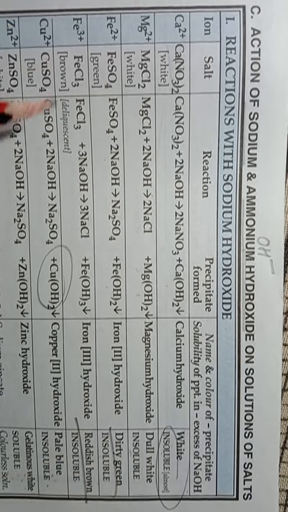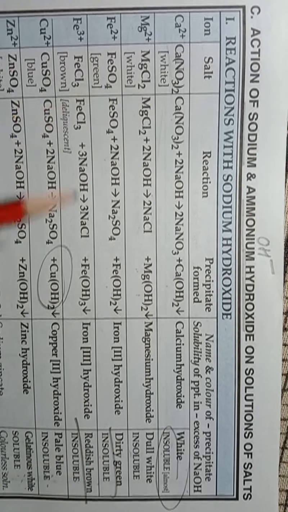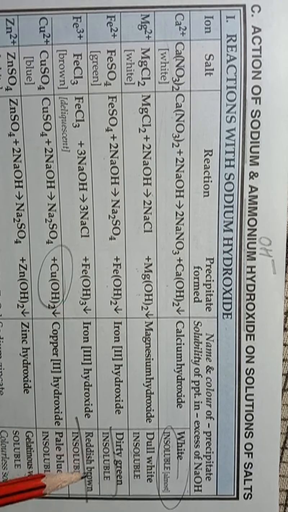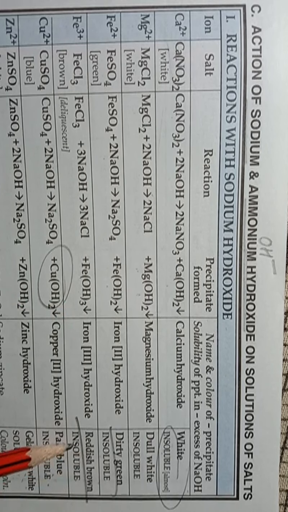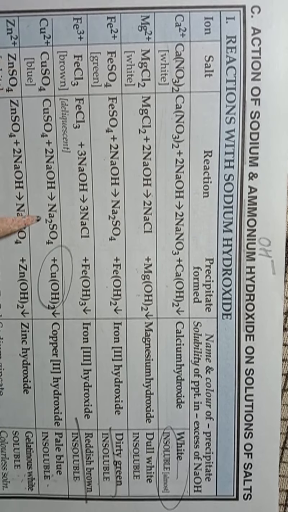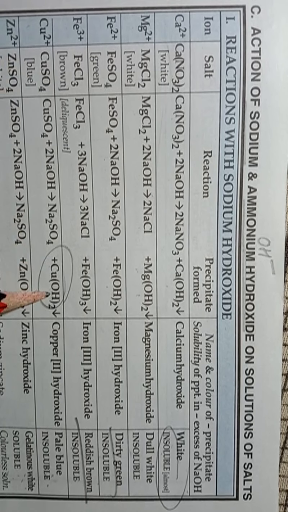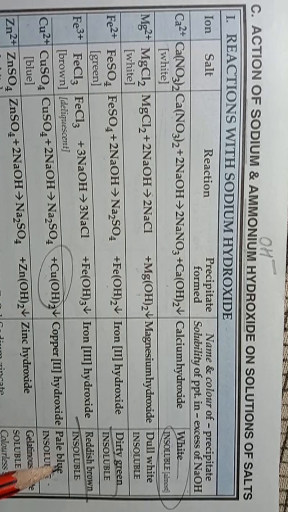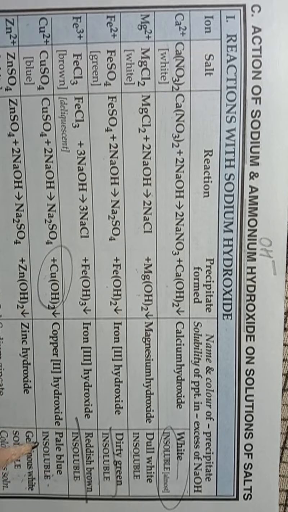Ferric ion in the form of ferric chloride forms ferric hydroxide, which is reddish brown PPT, and again insoluble in excess of sodium hydroxide. Copper ion in the form of copper sulfate forms copper hydroxide with sodium hydroxide, and this copper hydroxide is pale blue in color and also insoluble in excess of sodium hydroxide.